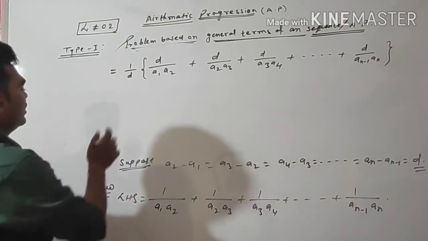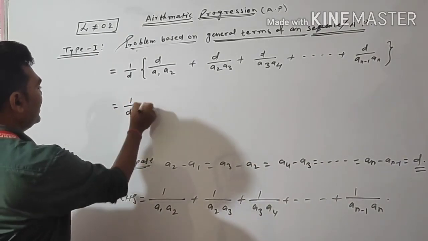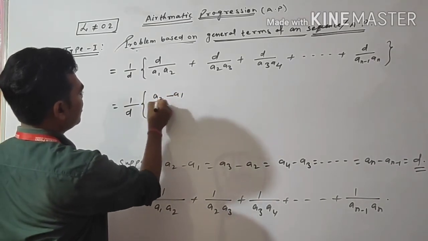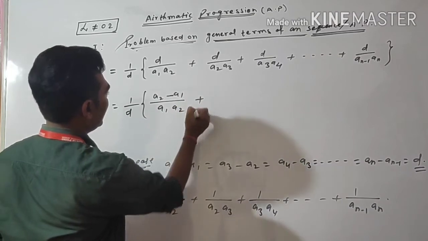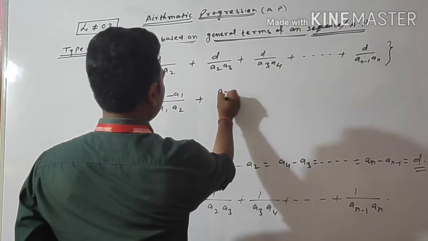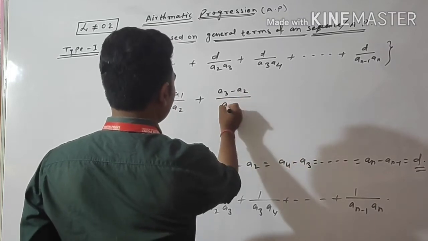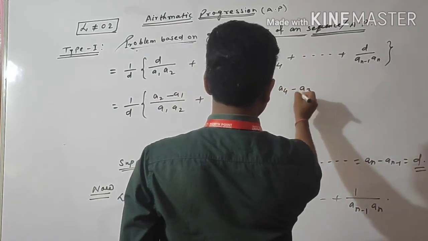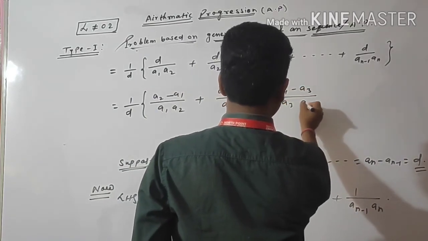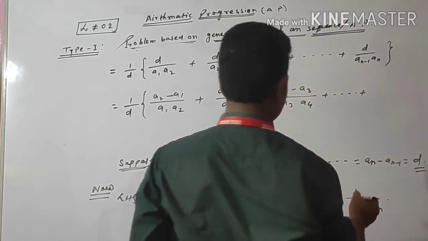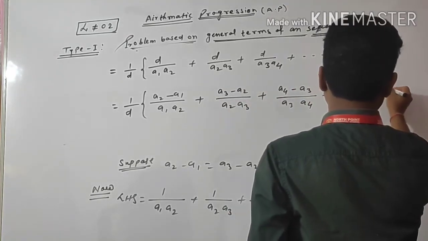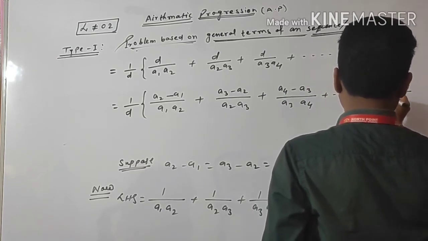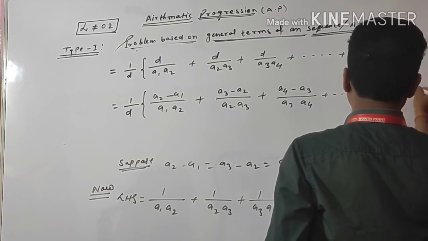Got it? 1 by D into, here we put A2 minus A1 by A1 into A2 plus A3 minus A2 by A2 A3 plus A4 minus A3 by A3 A4 plus dotted plus An minus An minus 1 by An minus 1 into An.